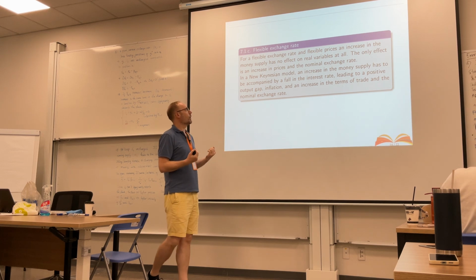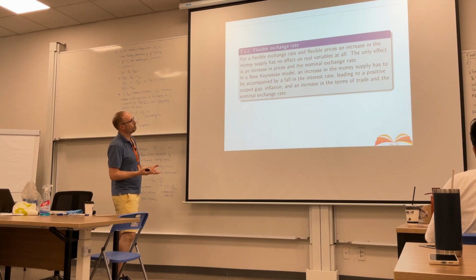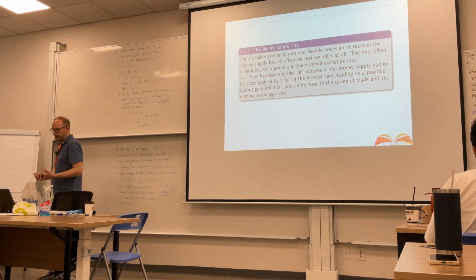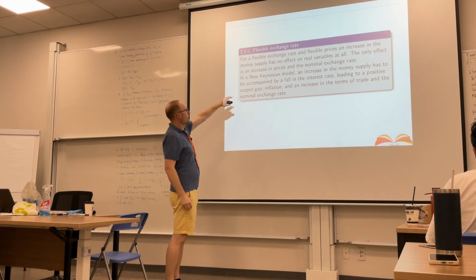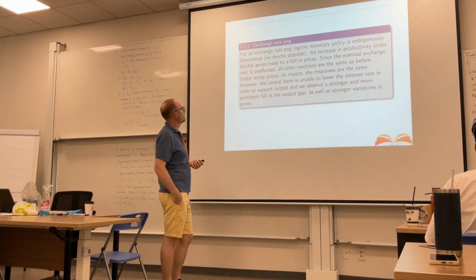A fall in the nominal interest rate and a fall in the real interest rate means it's a bad time to save. Households are going to increase demand. We're going to have the output gap going up, which leads to an increase in inflation, an increase in the terms of trade and the nominal exchange rate.